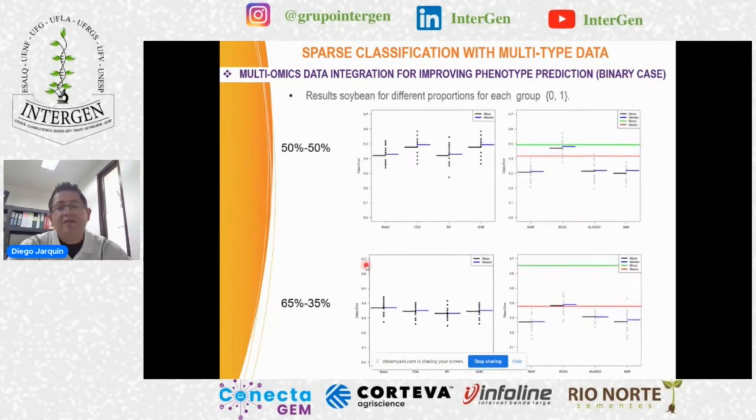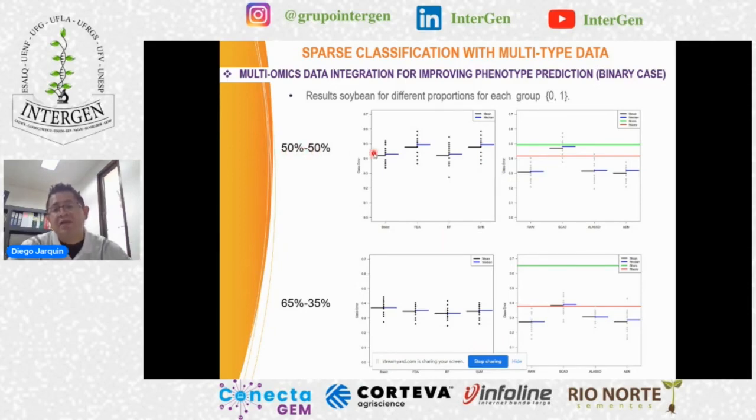Also, we have similar results for the case of soybean, where we try to assign genotypes to different groups, zeros and ones, based on 20 covariates, secondary traits, and markers. In this case, again, we see clearly that the results with the method we propose are superior when we have different proportions of zeros and ones in the population.